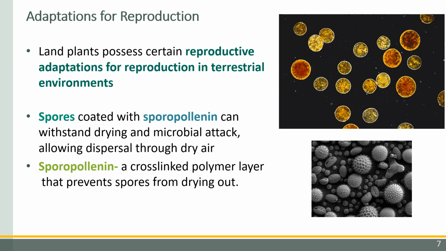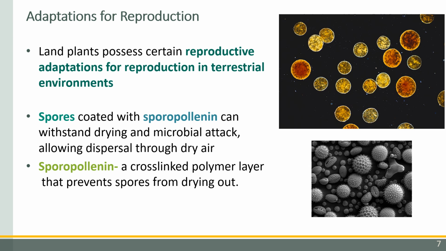Spores are coated with a polymer called sporopollenin. And sporopollenin is important because it coats the outside of those spores and keeps them from drying out. It also keeps them from bacterial or fungal infection, basically so they can survive for long periods of time.